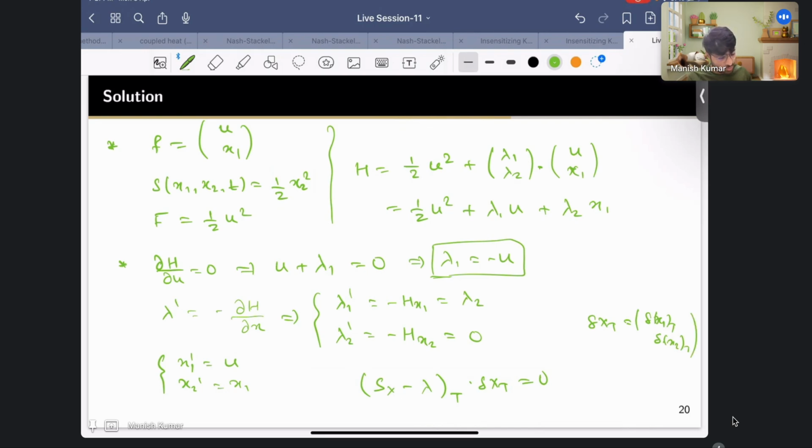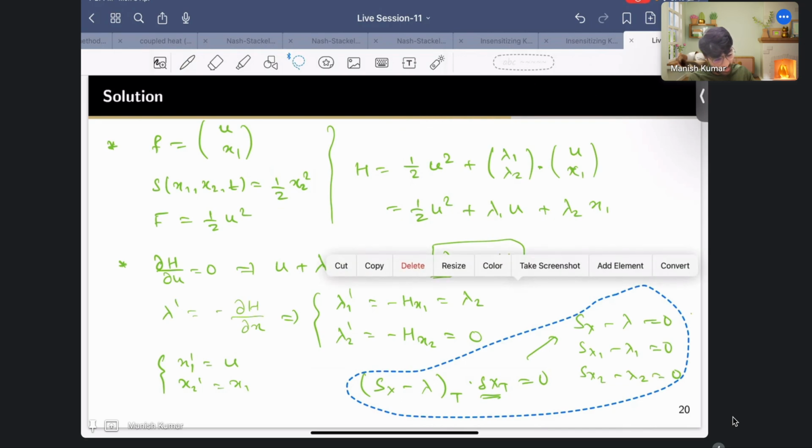So this equation reduces to the following. This is for arbitrary changes, so we can directly say S x minus lambda is 0, and that means S x1 minus lambda 1 is 0, and S x2 minus lambda 2 is 0. That's it. Maybe I should write in the next page.